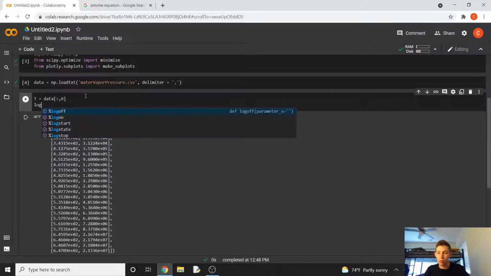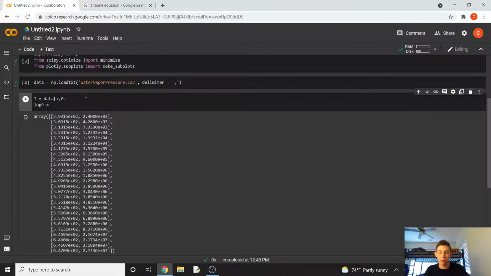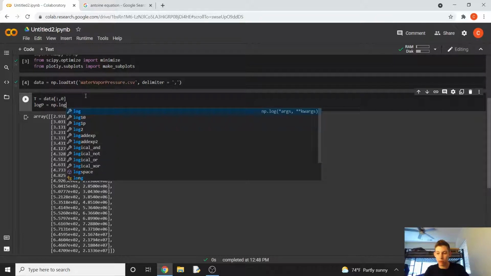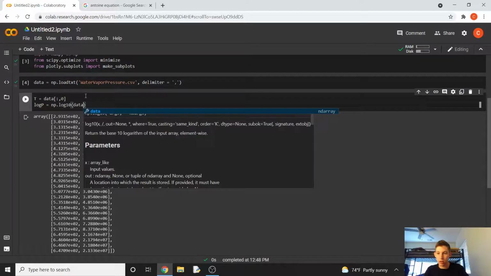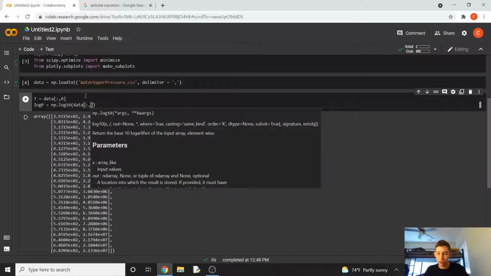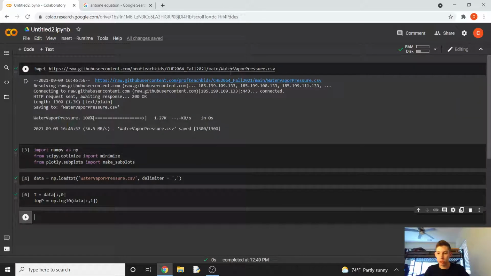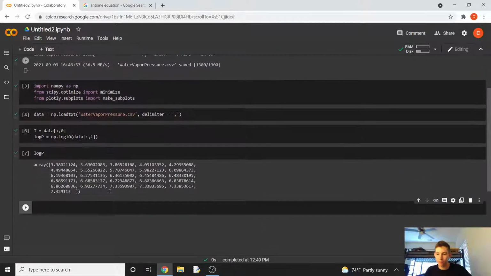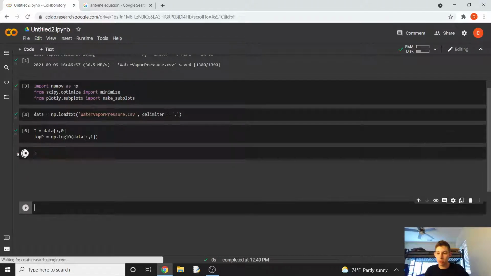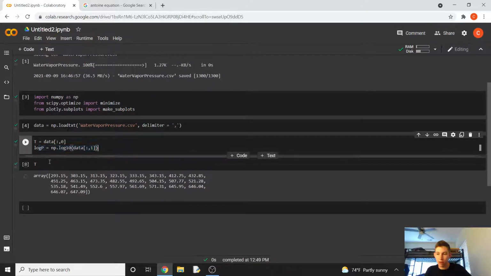Then we're going to say logP, and immediately take the log of the data from all of the rows and the second column. If we look at this, it's here, and the temperatures look like this.